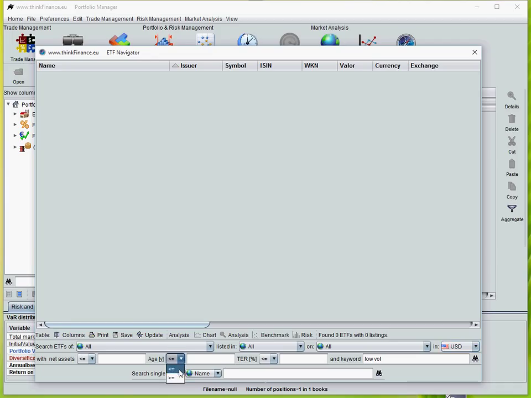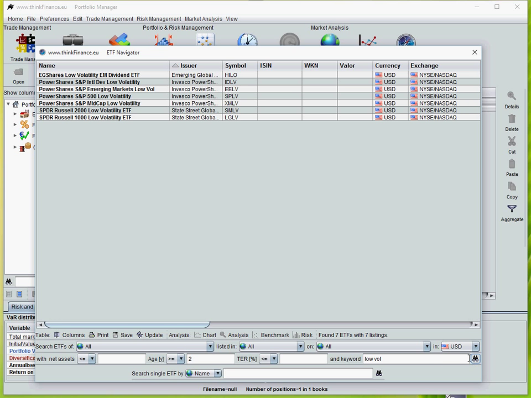And I also want to make sure that the ETFs have a minimum track record of, let's say, at least 2 years. So after setting these search filters, I click on the search button and these ETFs here appear.